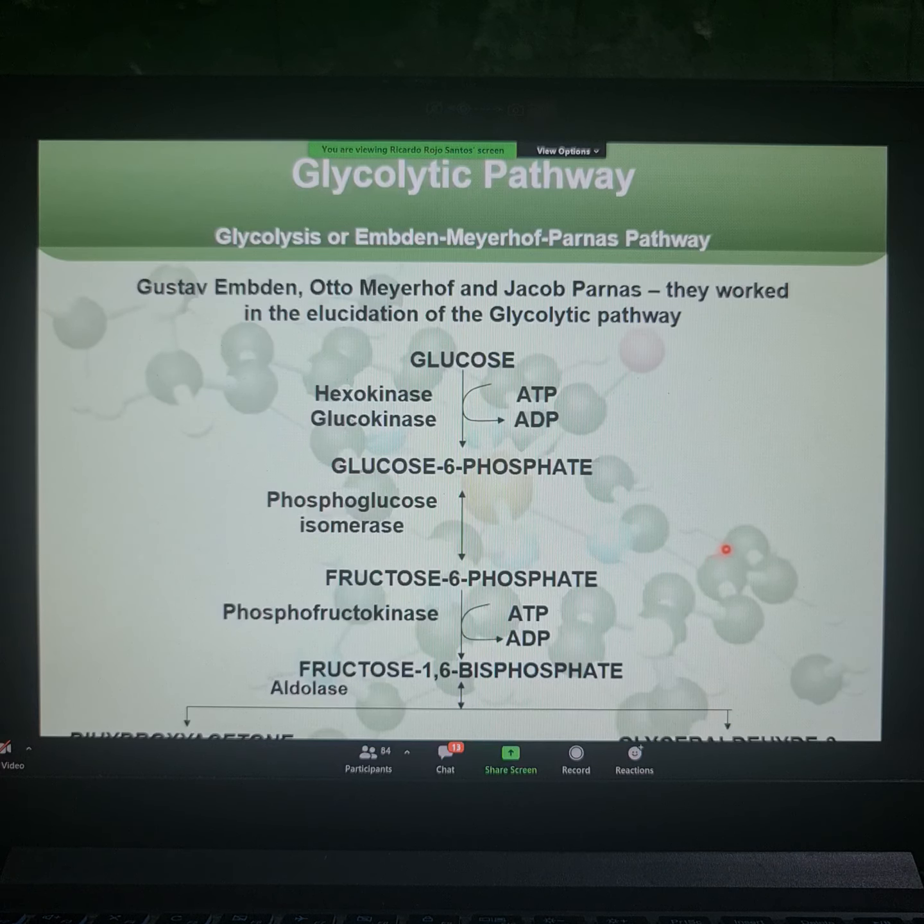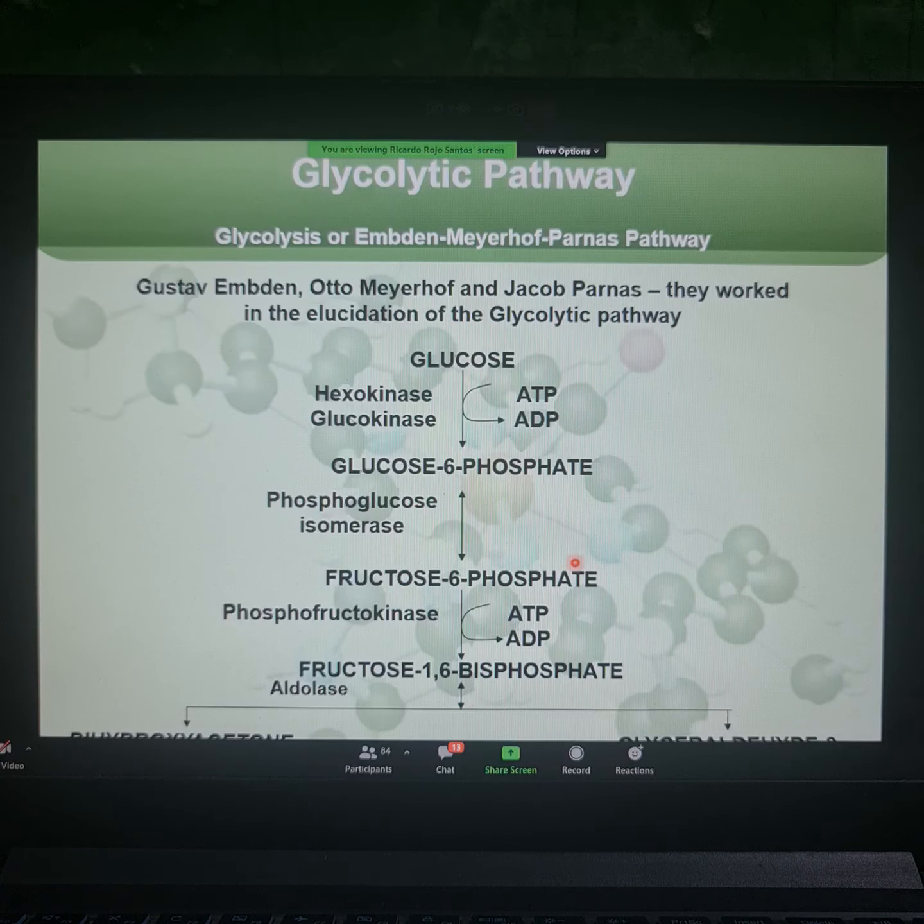Then there will be an isomerization of an aldohexose. It contains an aldehyde group to a ketohexose containing a ketone group. And that is the conversion of glucose 6-phosphate to fructose 6-phosphate. Glucose is an aldohexose, while fructose is a ketohexose.